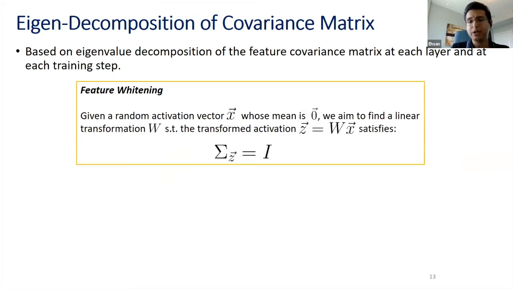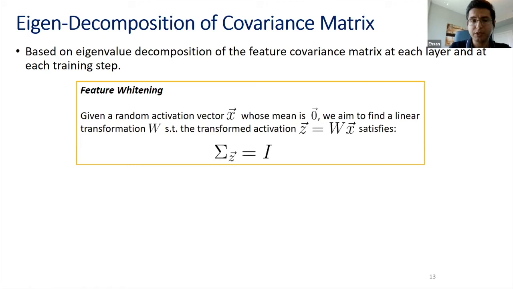What's happening here is very simple. We have a whitening matrix, or linear transformation matrix, W. By multiplying this W by X, we want to get a covariance matrix that is equal to an identity matrix. The covariance matrix of X is not identity, but we're trying to make it an identity matrix at the end.